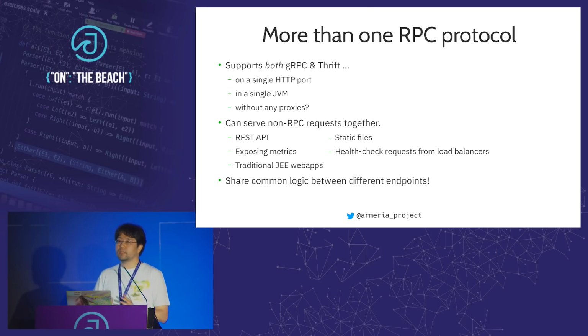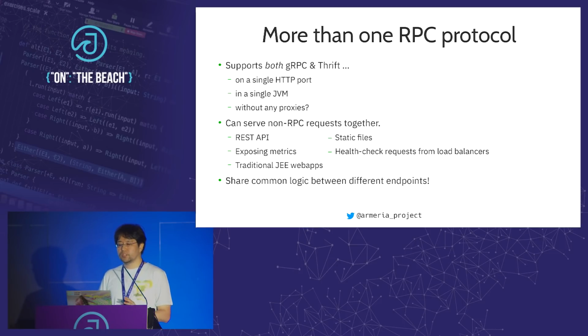Also, as far as I know, Armeria is currently the only framework that allows you to run both gRPC and Thrift services at the same time in a single JVM, and lets you serve both in a single HTTP port. Of course, without using any proxy servers like HAProxy, Envoy, Linkerd, etc. It's actually not just gRPC and Thrift.